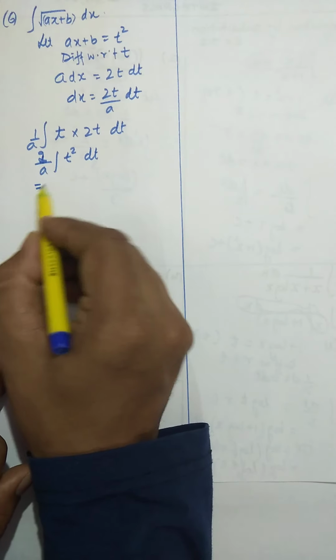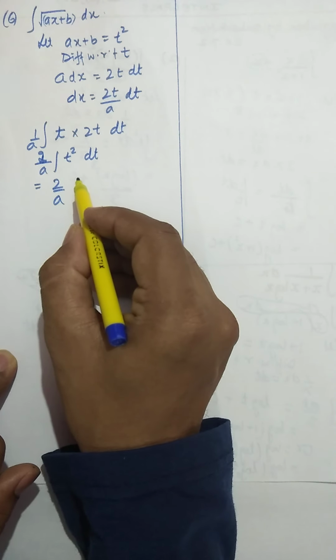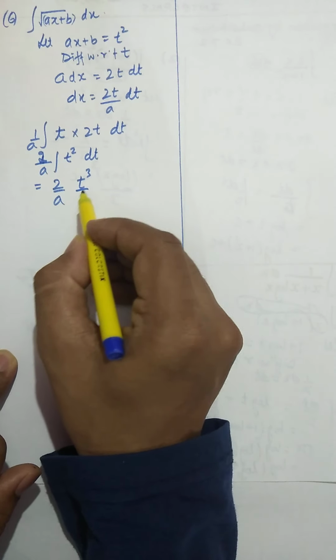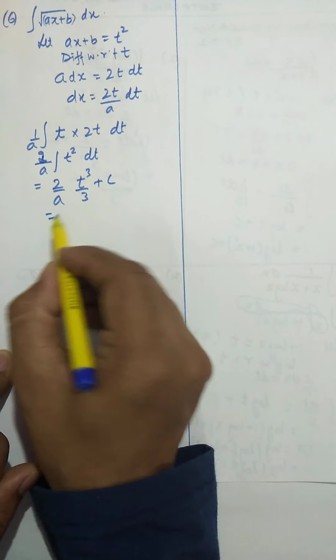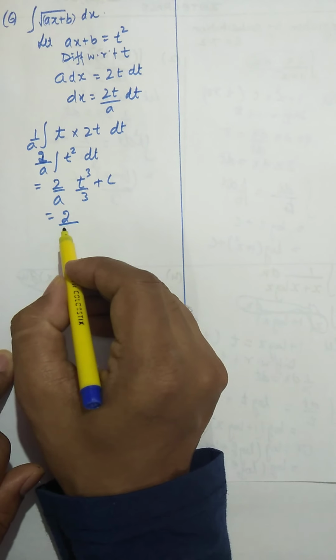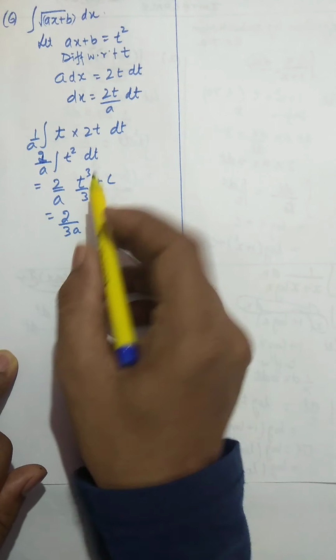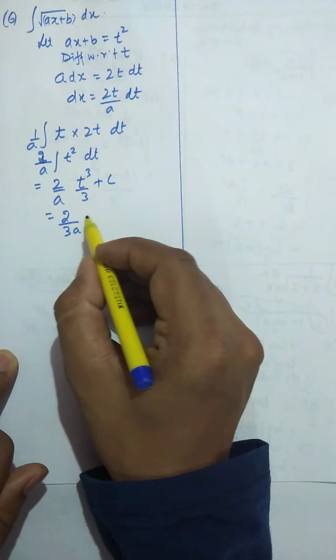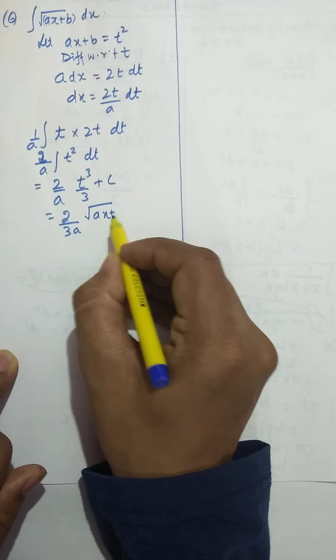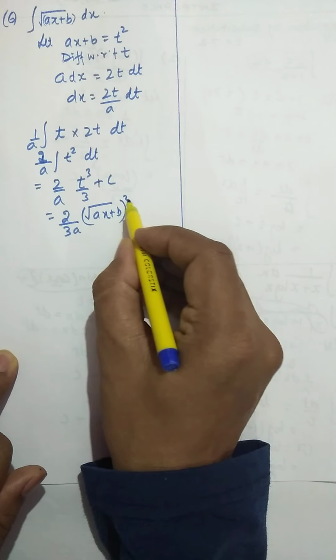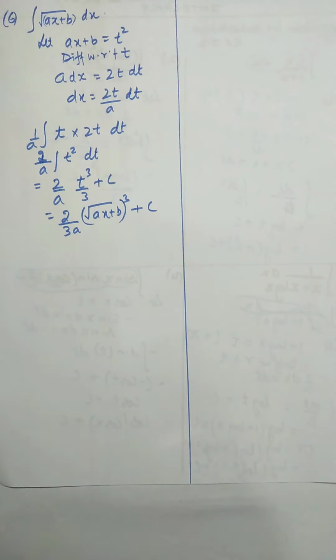Now you can find the integration of this using power rule, this is t cube upon 3 plus c. So you can now again substitute the value, that t you assumed as, you can here root ax plus b, and this is whole cube, and this is plus c. So this is your answer of this part.